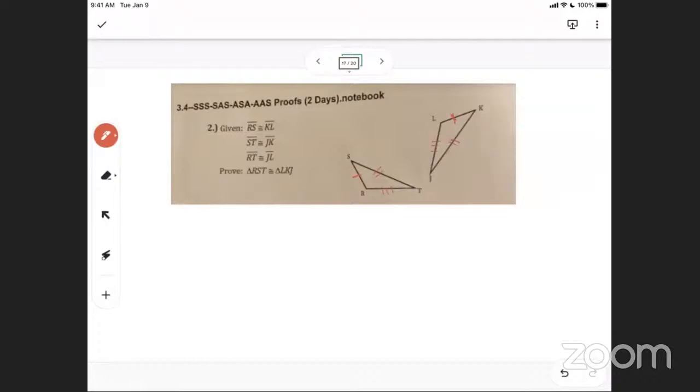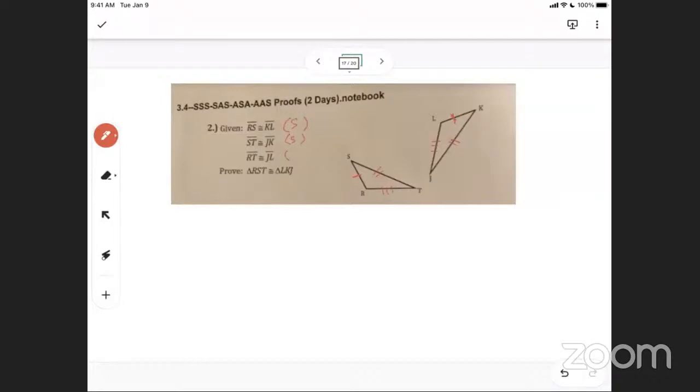Okay. So which one of these proof things am I going to use up here? So what did they give us? Let's write our things in here. What is this, a side or an angle? Oh, it's a side. And how about this next one? A side.